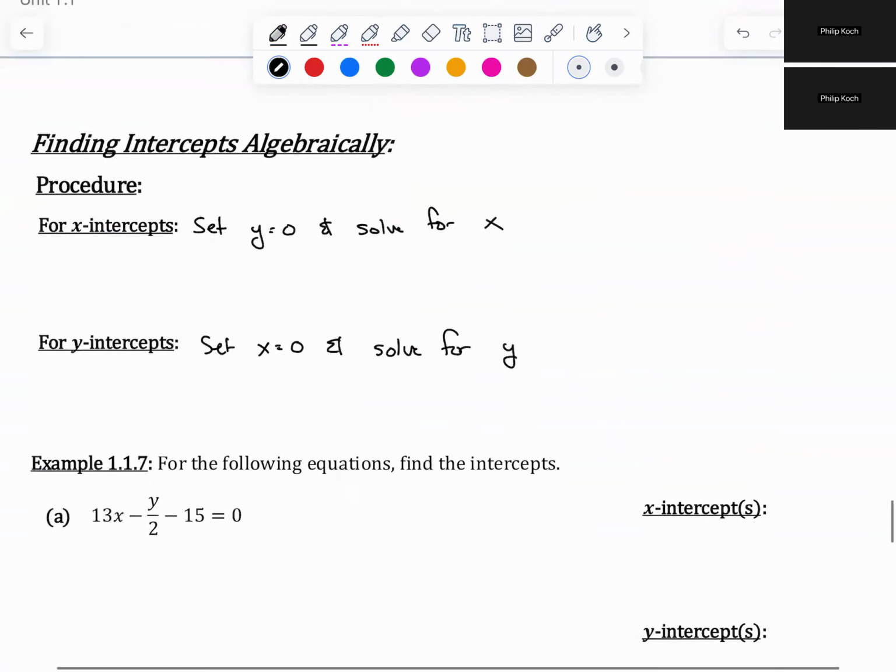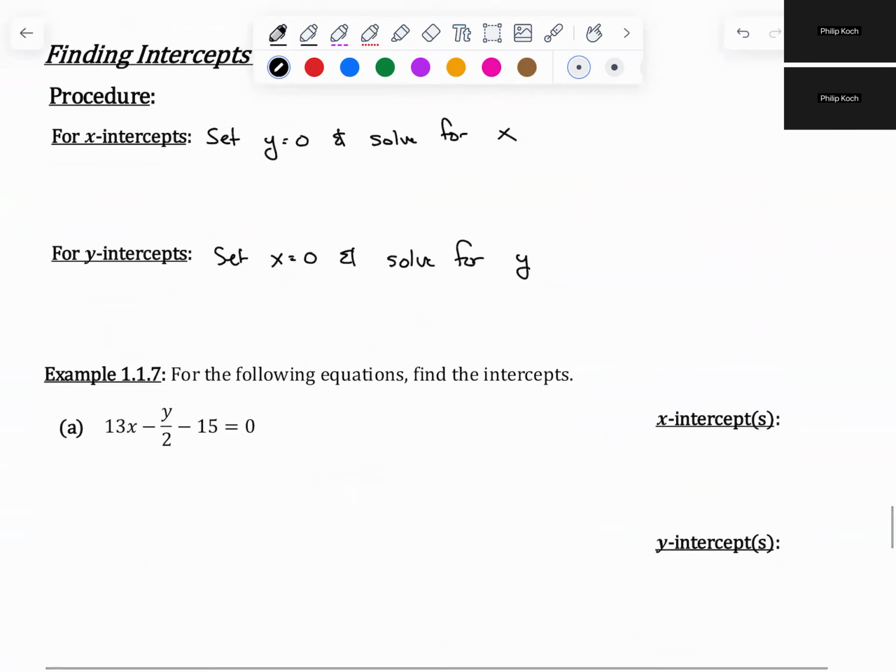So for example, if we have this example here, 13x minus y over 2 minus 15. If I want to find the x-intercept, I'll set the opposite variable equal to 0.